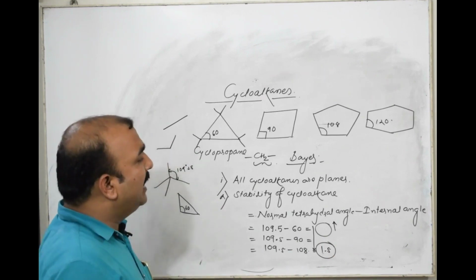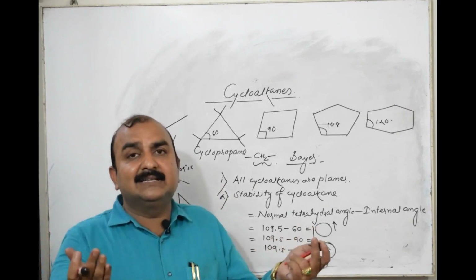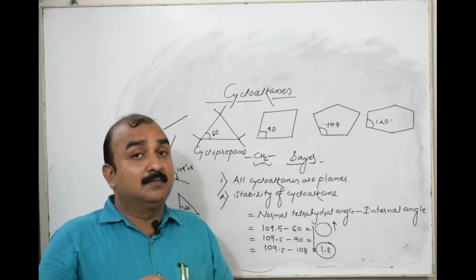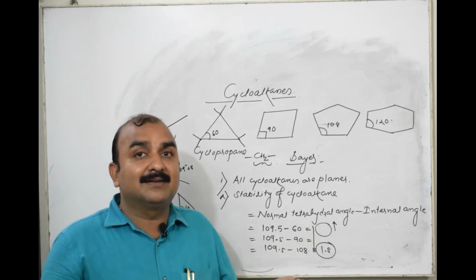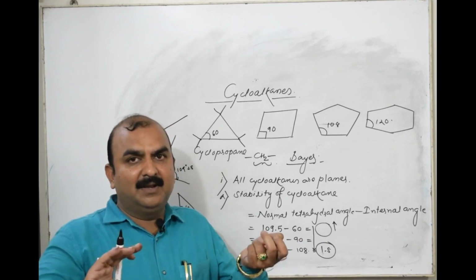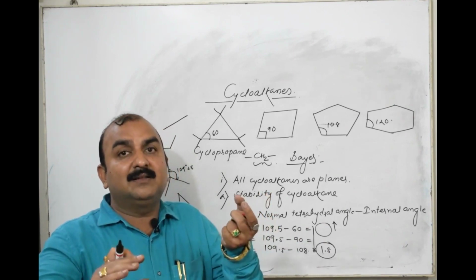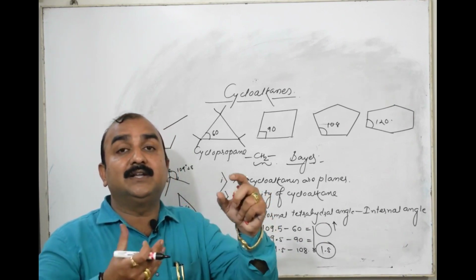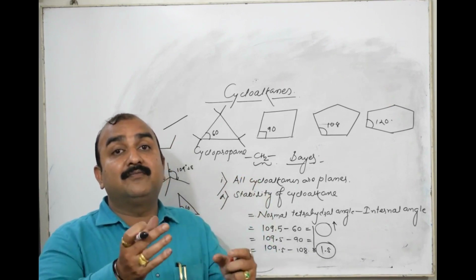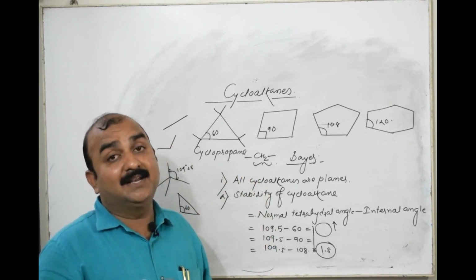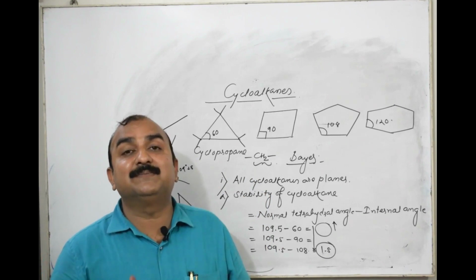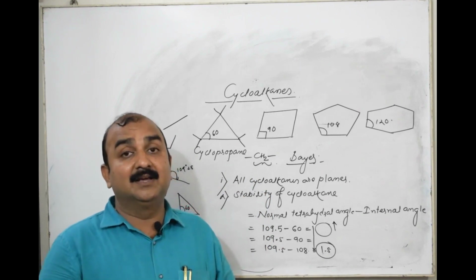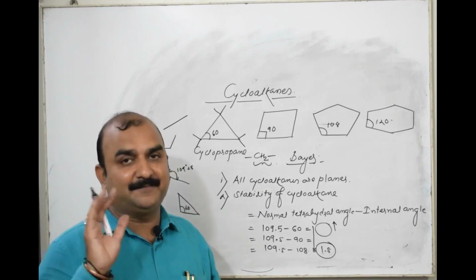But what is going to happen as ring size increases? The molecule does not remain planar. The carbons try to maintain their bond angle of 109 degree 28 minute by going in different directions, and they adopt different shapes. Here the Baeyer strain theory failed.